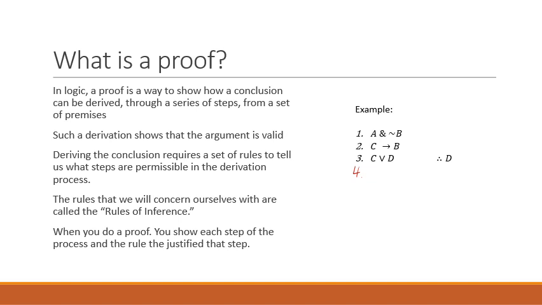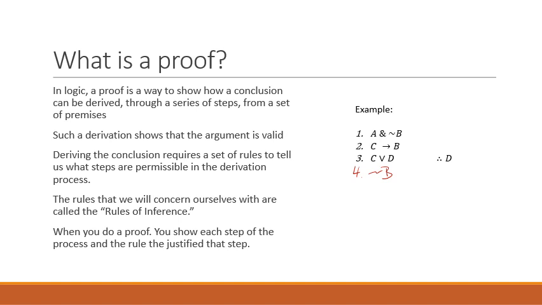So the simplification rule says, well, look, I can either put A on a line or not B. I can break this into its component parts, which is A and not B. So I already know how this goes, so I'm going to just go ahead and put not B. I'm going to use the simplification rule on line 1, and I'm going to break it apart. And so what I do is I write not B, and I'm allowed to do that because of simplification.